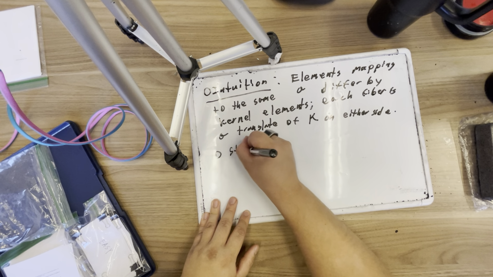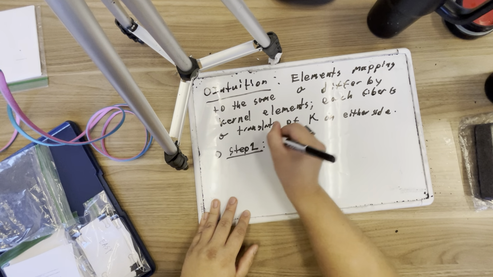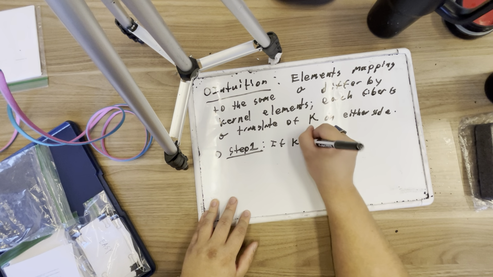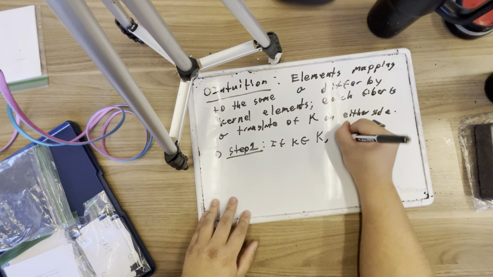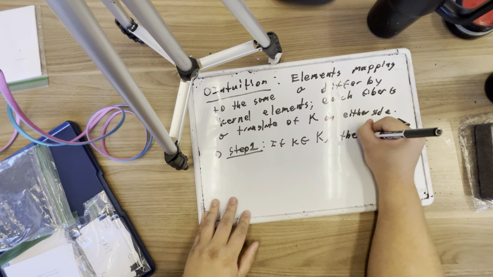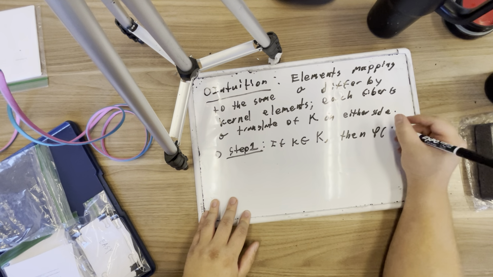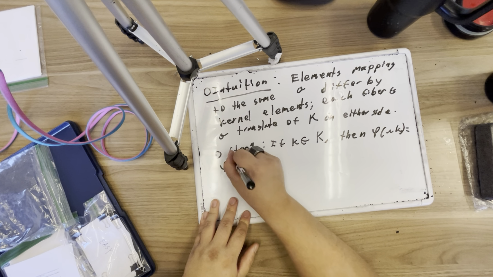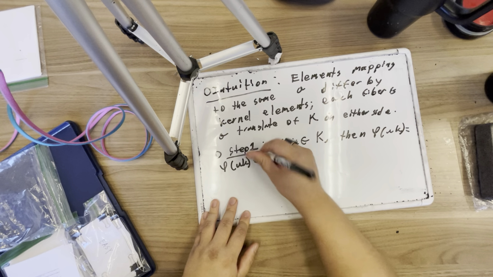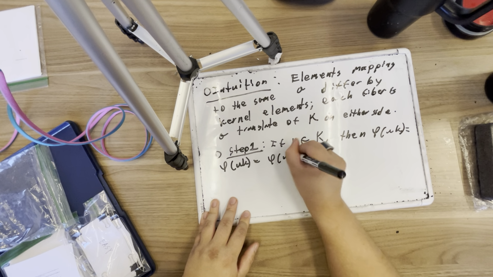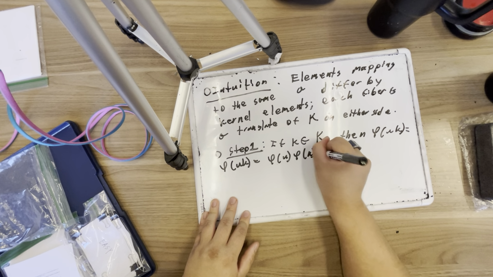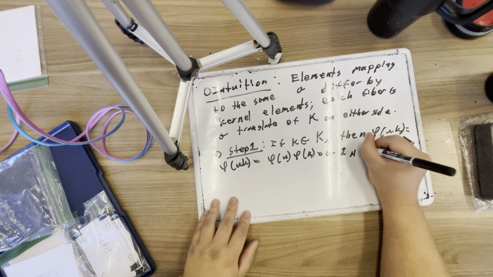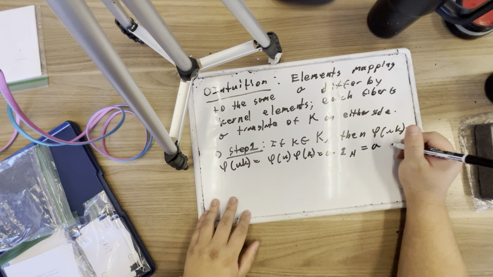Now for step 1, if little k is within the kernel K, then phi of uk is equal to phi of u times phi of k, which is equal to a times 1 sub h, which is equal to a.